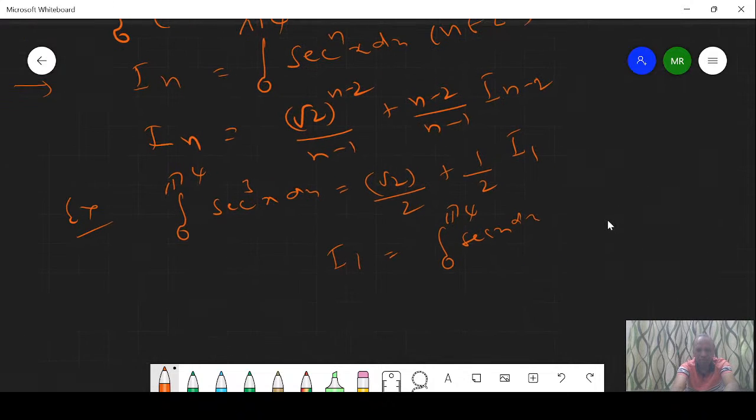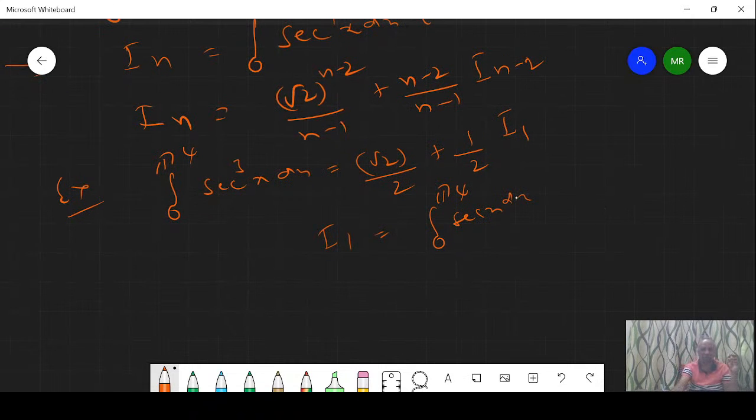How do we find the integral of secant x dx? You should remember that the integral of secant x dx is log mod secant x plus tan x, right? You apply the formula with limits 0 to pi by 4 to find the I_1 value.